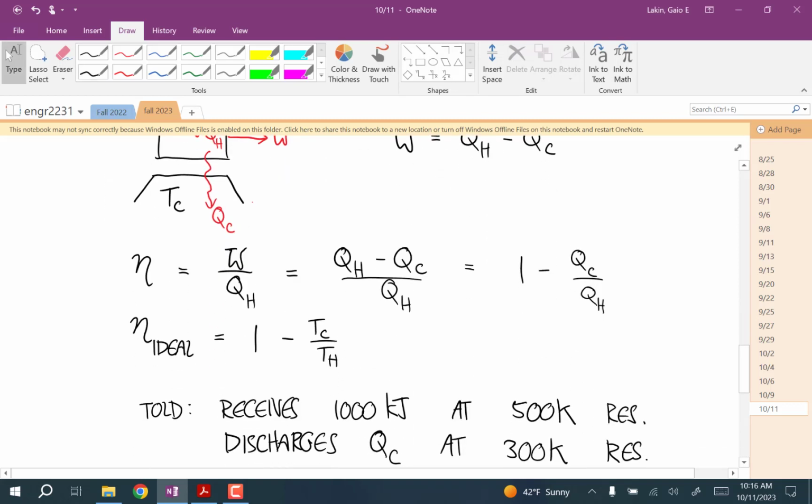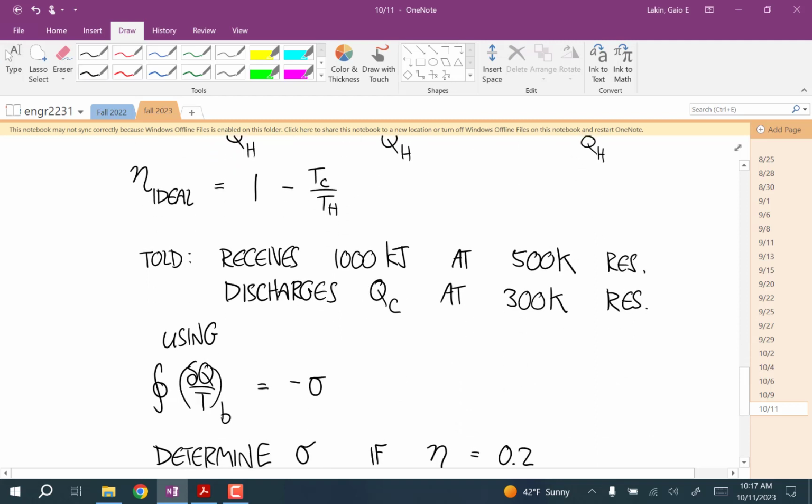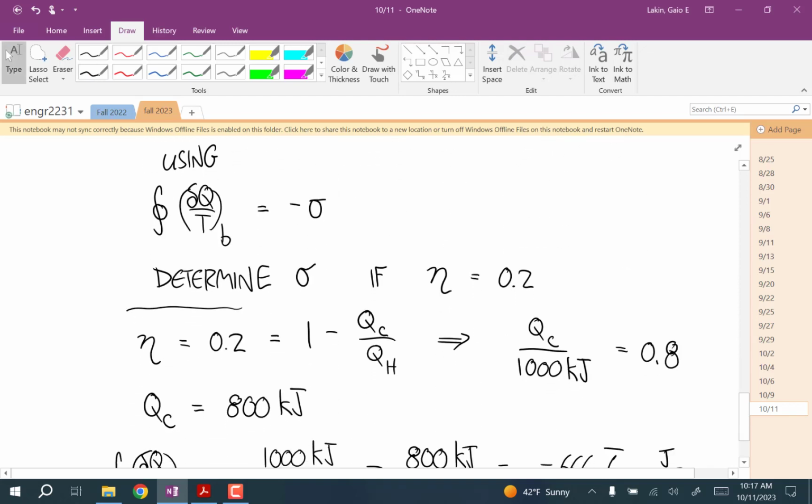You have the definitions of the efficiency or the performance for the other ones, and you have the ideal efficiencies or performance if it asks you something about that, and then you're just going to use the definition of the Clausius inequality.